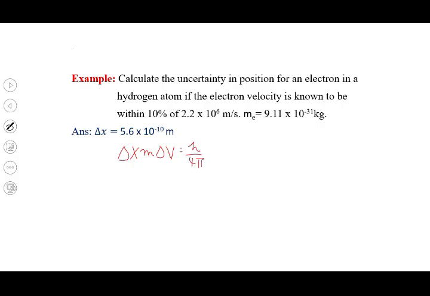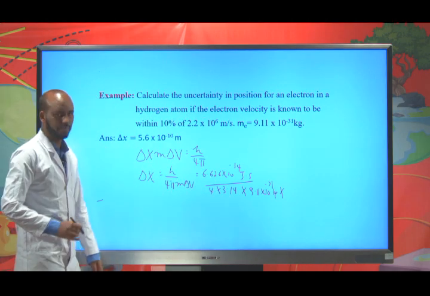From this, the change in position, or the uncertainty in position delta x, equals h divided by 4 pi times mass times change in velocity. h is Planck's constant having the value 6.626 times 10 to the power of minus 34 joule second, divided by 4 times pi, which is 3.14, times the mass of the electron, 9.11 times 10 to the power of minus 31 kilogram, times change in velocity.